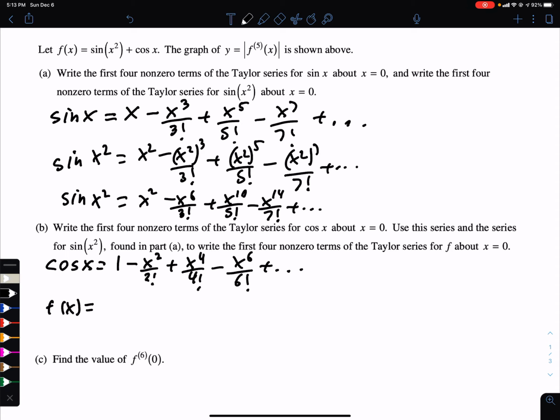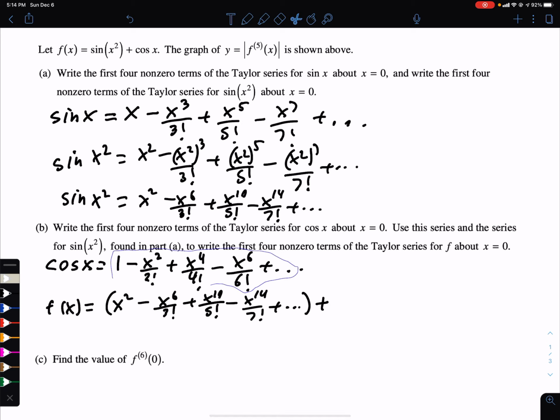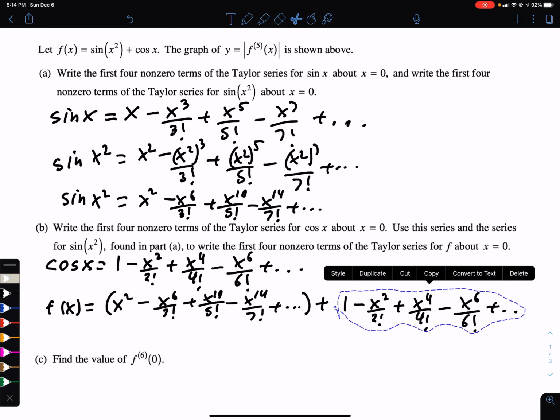I'm going to put sine x squared first, which I found in the last problem. And then I'm going to add that to the one I just did, the cosine. I'm just going to copy and paste that because I am lazy like that. Copy and paste is my friend. Look at that. That's beautiful.